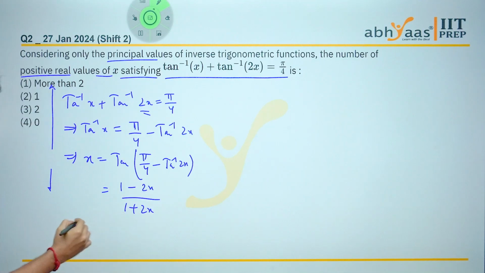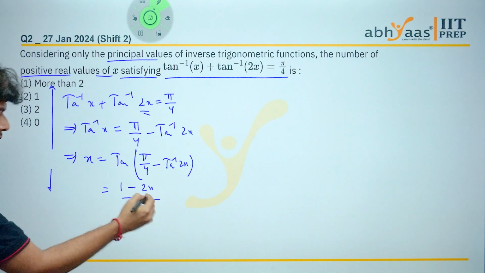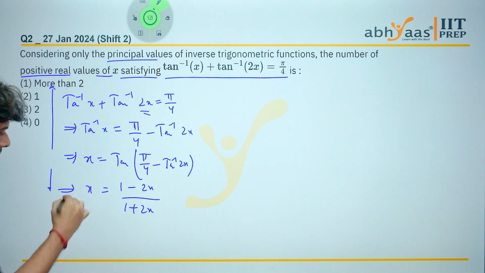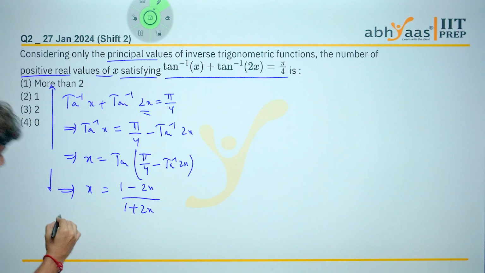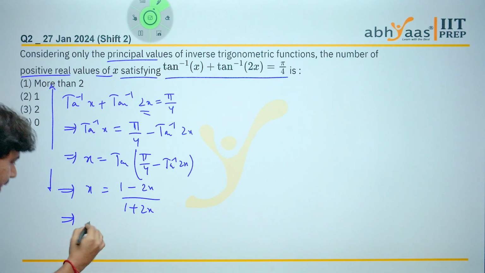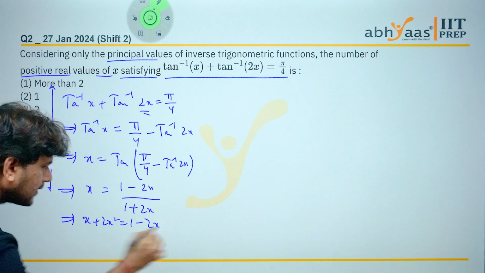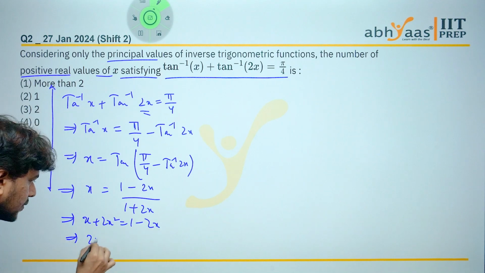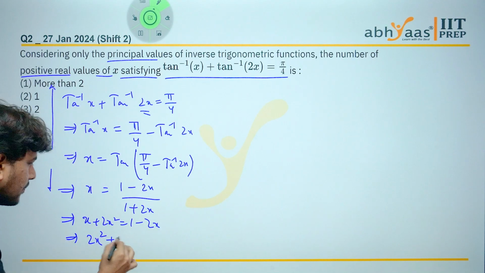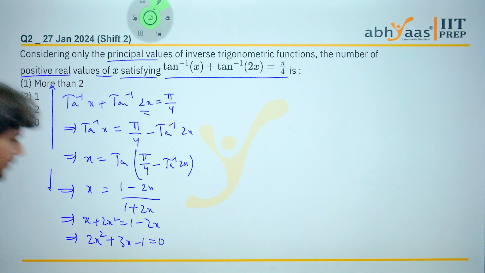Tan of tan inverse 2x is 2x. So we get x equals (1 minus 2x) by (1 plus 2x). Now multiplying and solving, we get x plus 2x square equals 1 minus 2x. That implies 2x square plus 3x minus 1 equals 0.